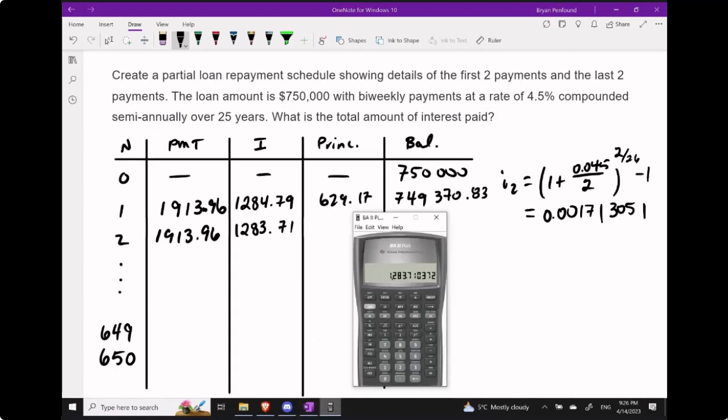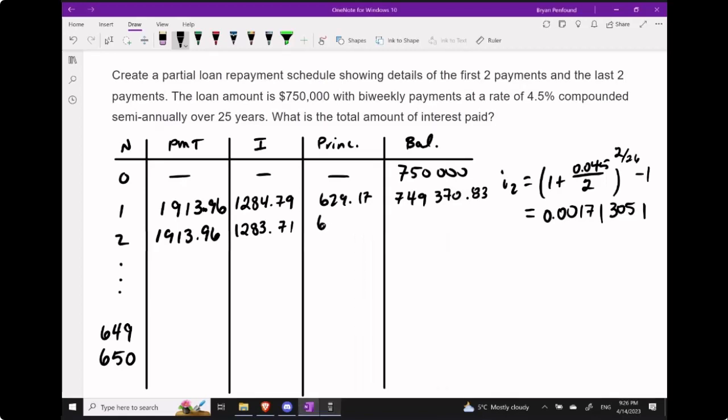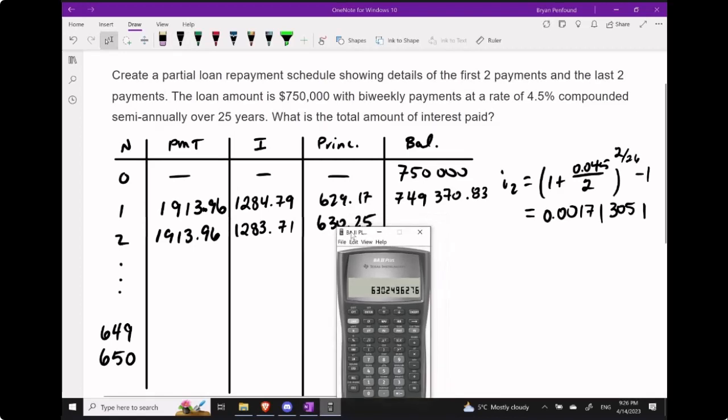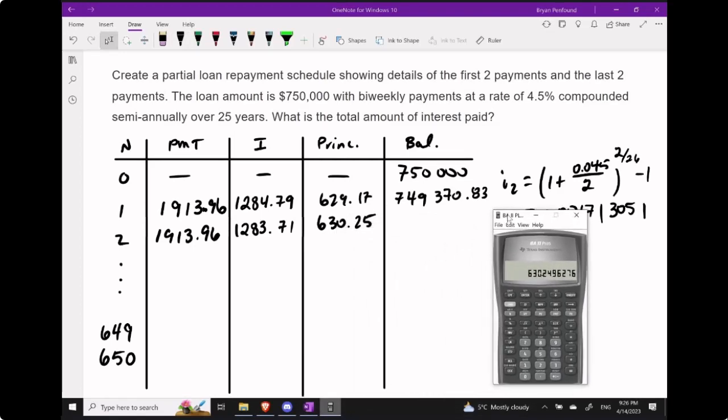That's going to give us about $1,283.71. If we were to subtract this from the payment amount of $1913.96, we should get the principal portion of payment number 2, which is around $630.25.